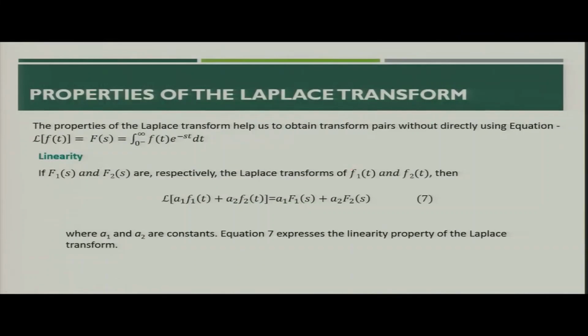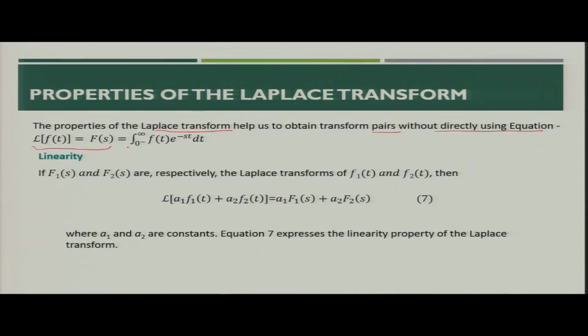Now, let us see a few of the properties of the Laplace transform. The properties of the Laplace transform help us to obtain the pairs without directly using the integration method.